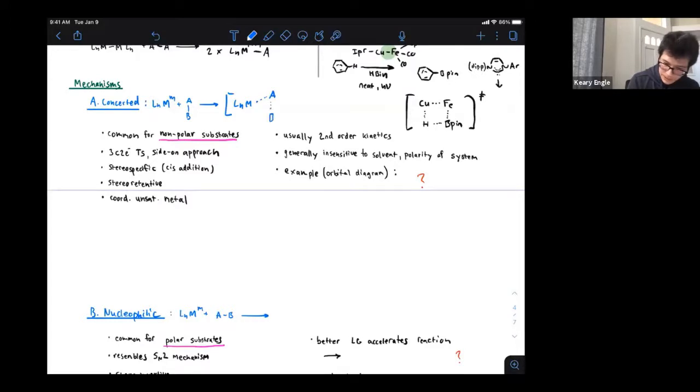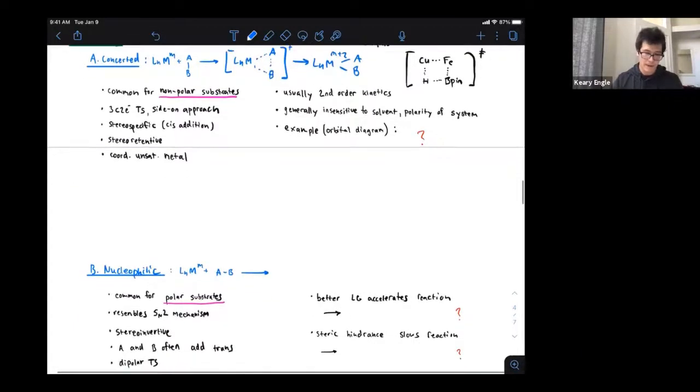The mechanism is exactly as it sounds: concomitant formation of both the metal A and the metal B bonds, with oxidation state increase at the metal.